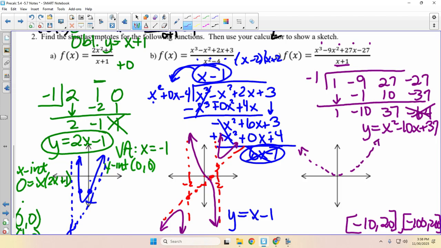But it's going to end up being a parabola. And let's take a peek at what that looks like. No, not what I want.